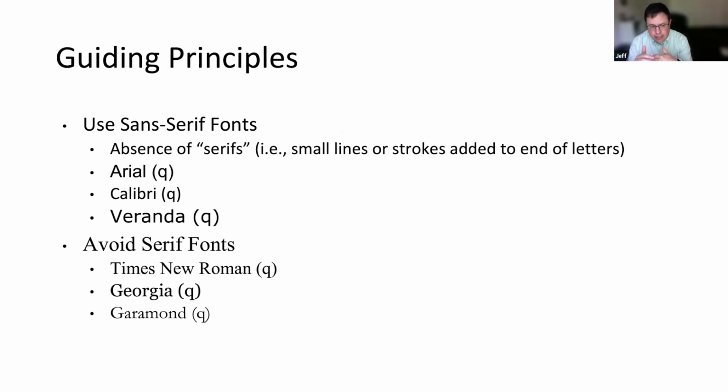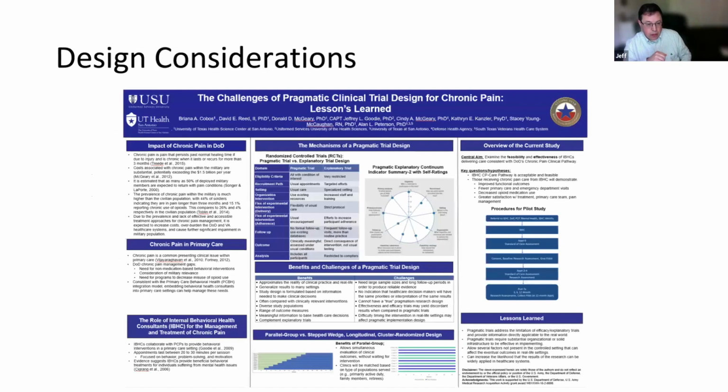You can see the sans serif fonts don't have that little piece at the bottom or at the top in the way things like Times New Roman, Georgia, or Garamond have. The reason to avoid serif fonts is it just makes it a little bit harder to read in presentations. This is actually a good idea for PowerPoints as well: try to avoid the serif fonts and focus instead on the sans serif fonts.